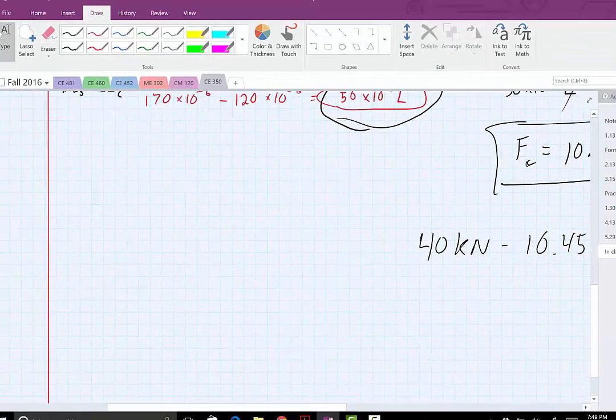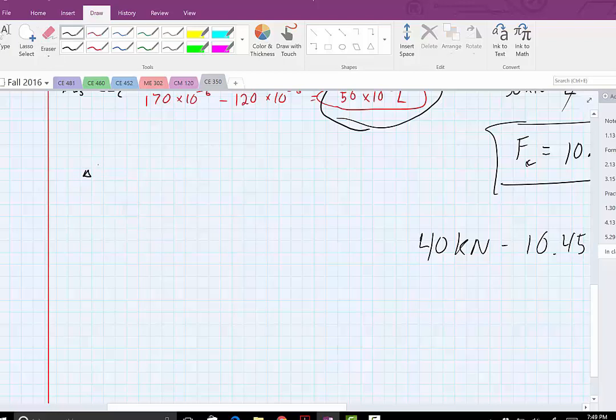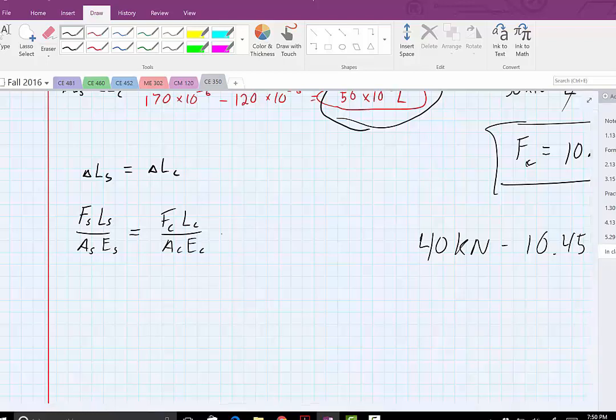So we can then use our formula: delta length of steel equals delta length of copper. So the force applied to the steel times the length of steel, divided by the area of steel times the modulus of elasticity of steel, equals the force on the copper times the length of copper, over the area of copper times the modulus of elasticity of copper. Solving this in terms of force, the force of steel equals some constant multiplied by the force of copper.